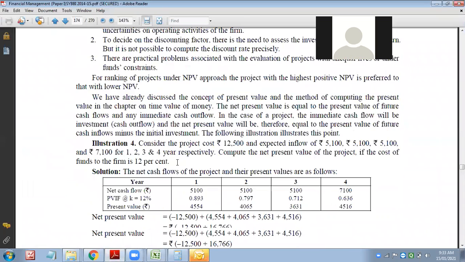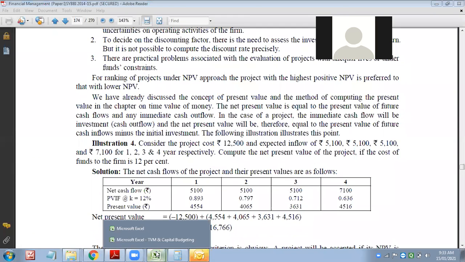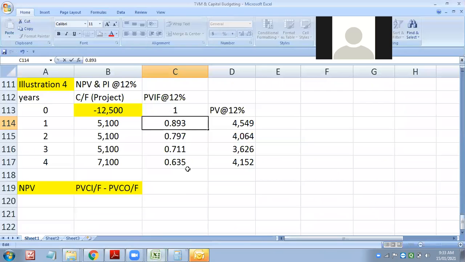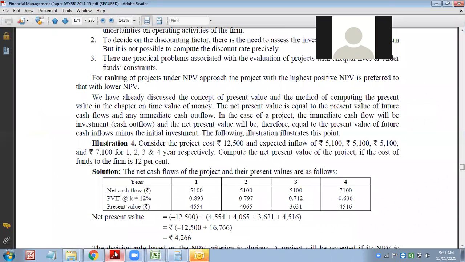I am getting 4554 because I rounded off. Okay, so the answer is 4549 only. I got 4554 when I took 0.893.